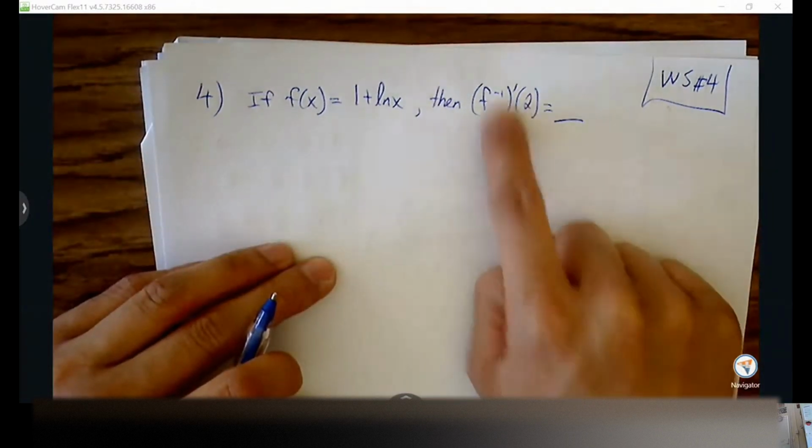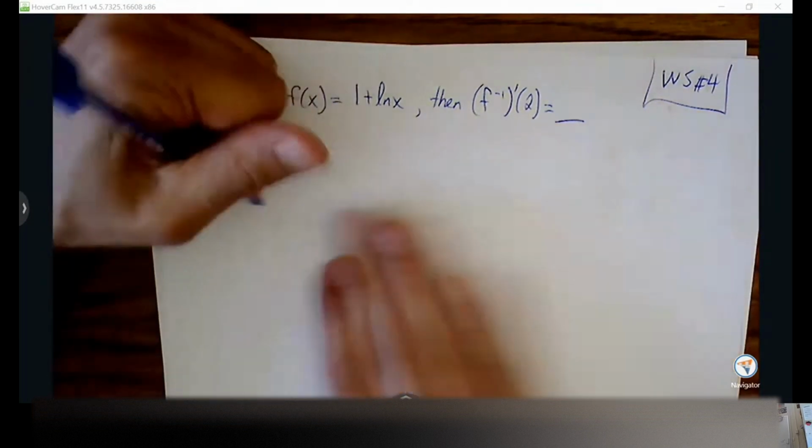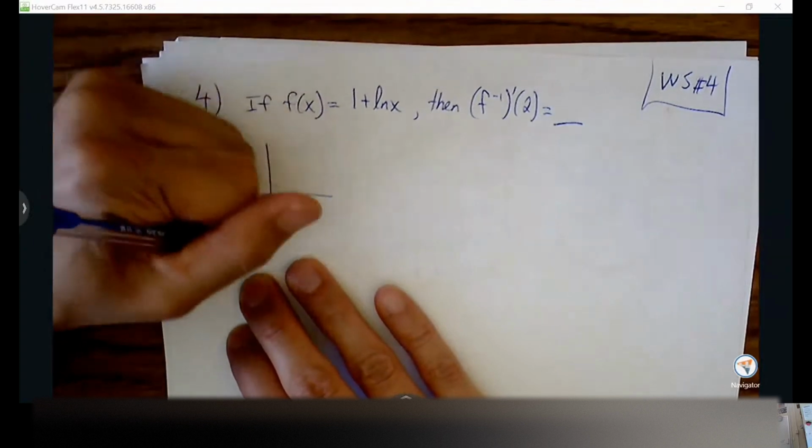Okay, so we're looking for the derivative of the inverse at a point. Again, I like to use the chart to help me map my progress.